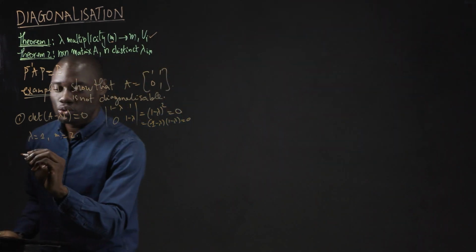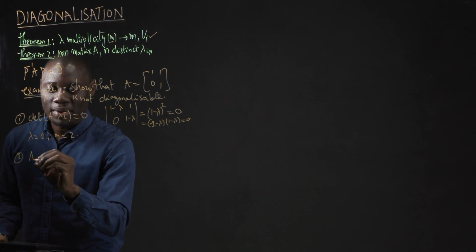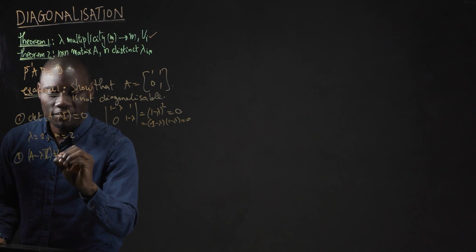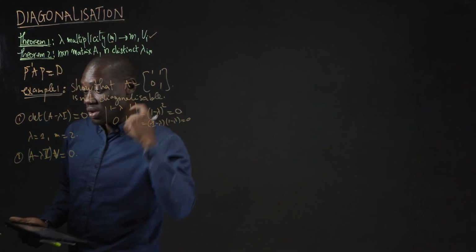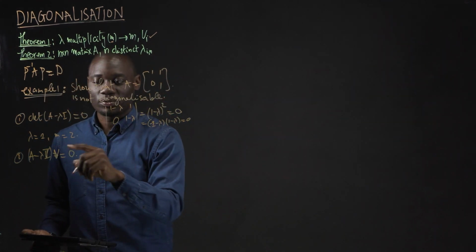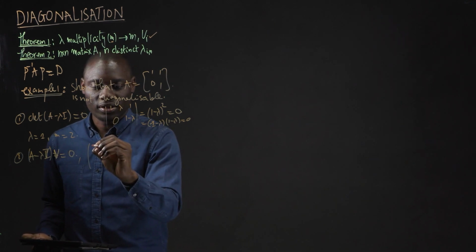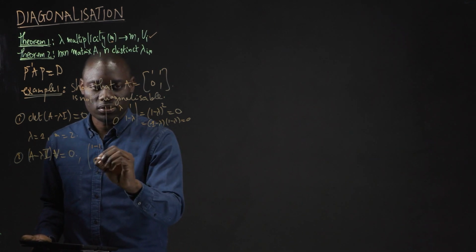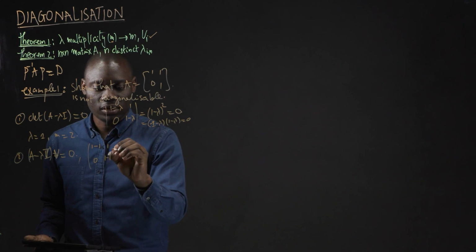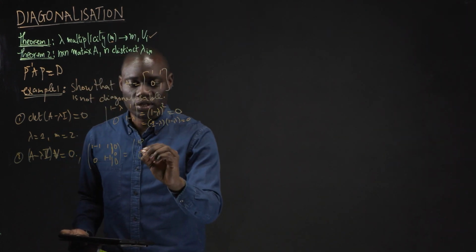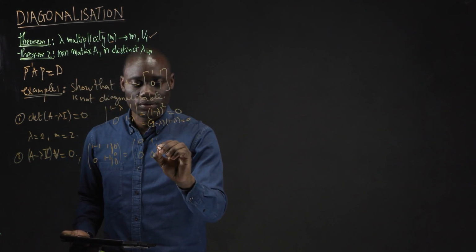We do that by solving the equation A minus lambda I times V equals 0. We have that lambda equals 1, so replace it in here. We have 1 minus 1, 0, 1, 1 minus 1. If I write it in Gauss echelon form, I will have 0, 0, 1, 0.